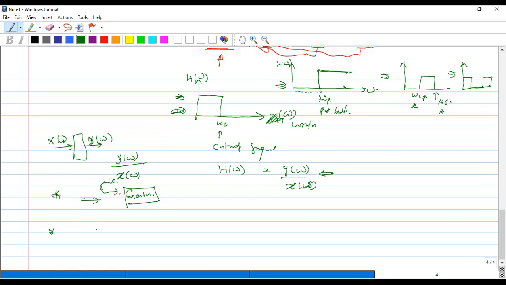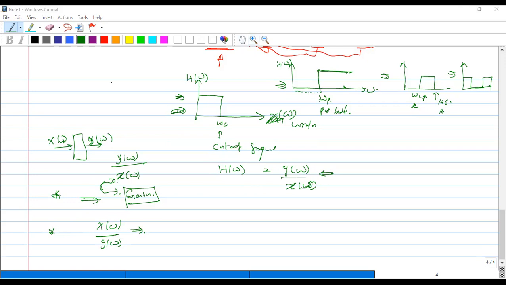And if you divide the input X omega by the output Y omega, what is this? Yes, very good.